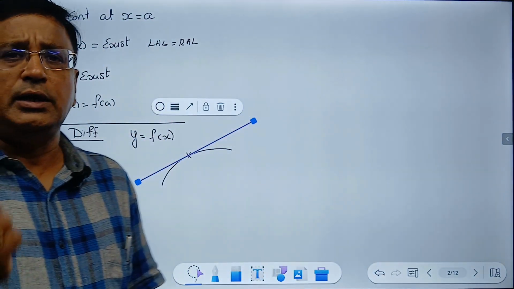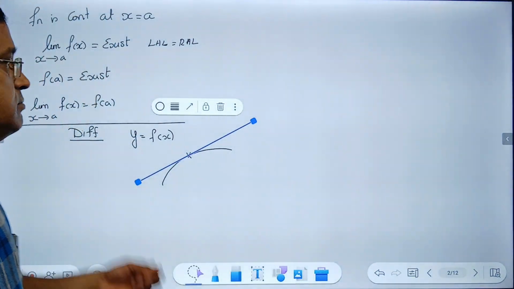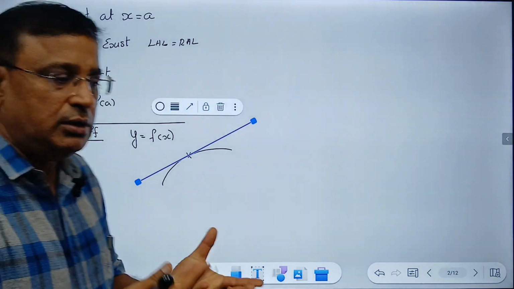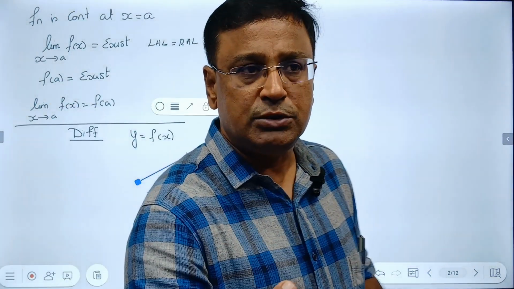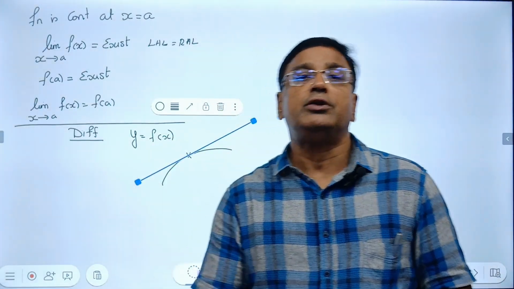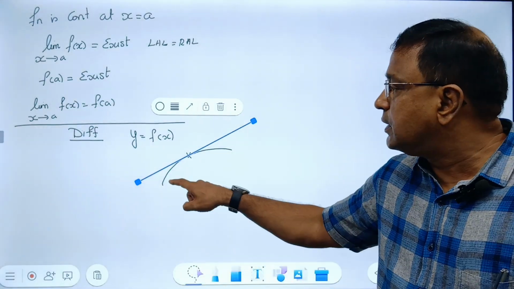This is all you have studied in 11th standard, so we'll do that a little later when we do differentiation. But when I say a function is differentiable, I'm telling that it is possible for me to draw a tangent. When can I draw a tangent? If the curve is smooth.